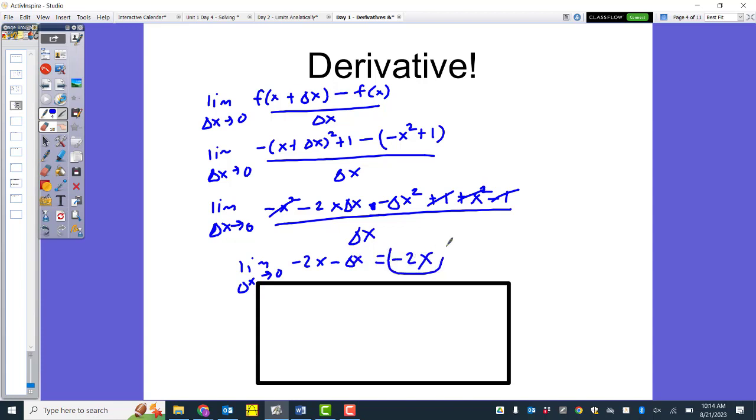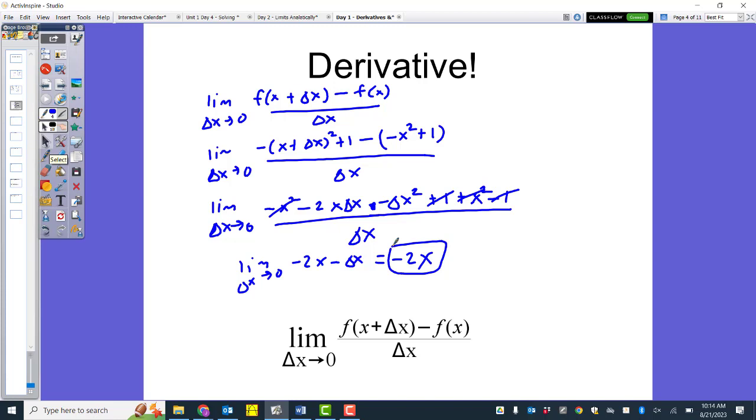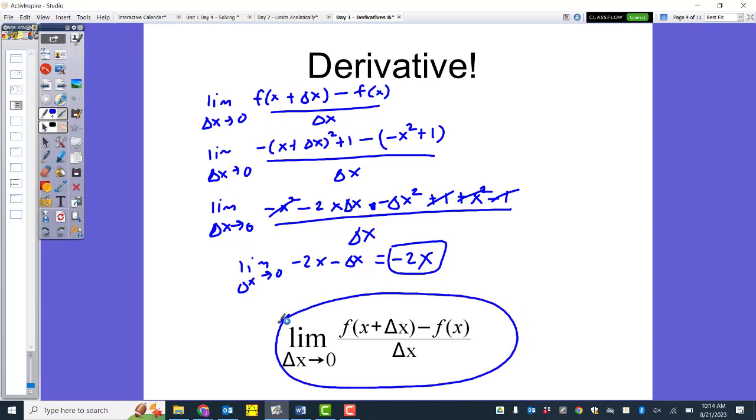So this is a function that represents our slope at any given point. If we plug in 1, it'll give us the slope at 1. If we plug in 5, it'll give us the slope at 5. This is what is called the derivative. And so this is our formula for the derivative function: the limit as delta x approaches 0 of f of x plus delta x minus f of x divided by delta x.